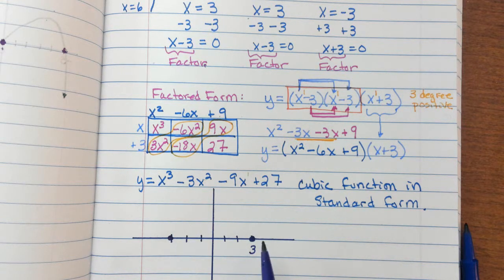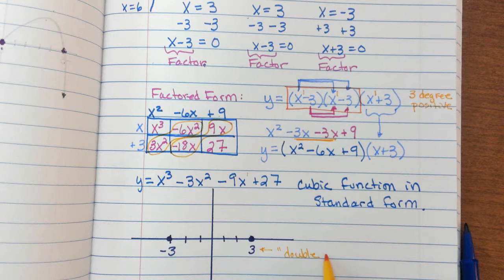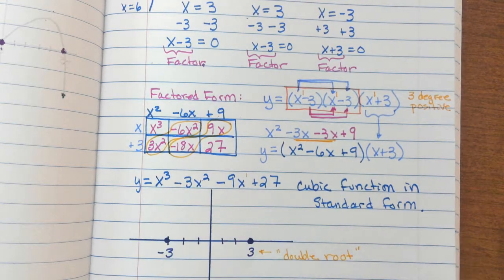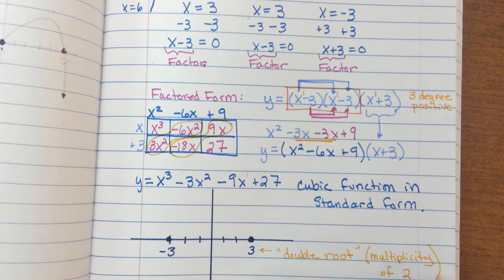So in the past, we've learned that when we have an exponent of 3, we typically have 3 zeros. In this case, I'm only showing 2, but you have to remember that this one here is what's called a double root. And I'm getting ahead of myself, but this means that it has a multiplicity of 2.